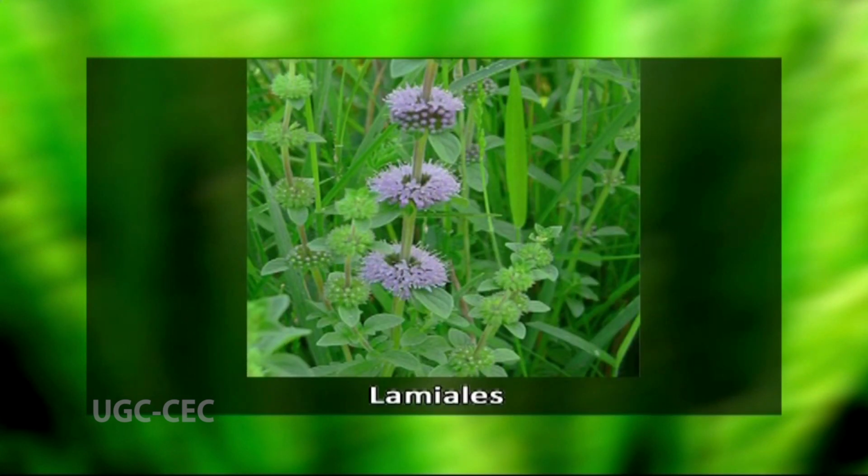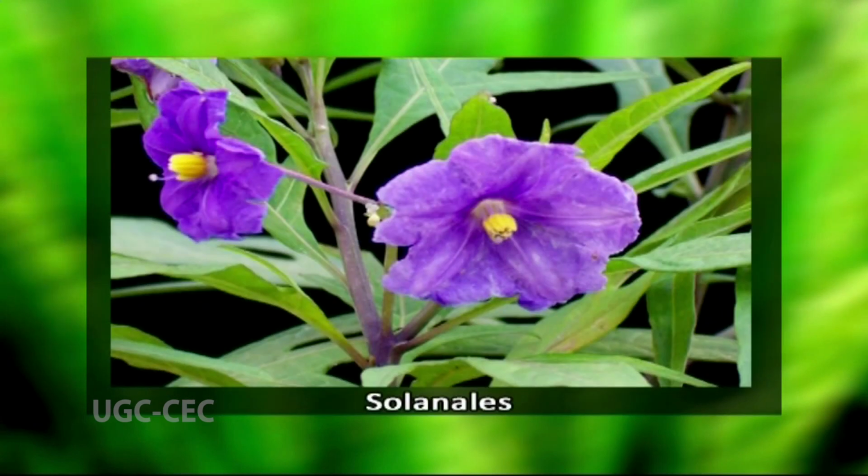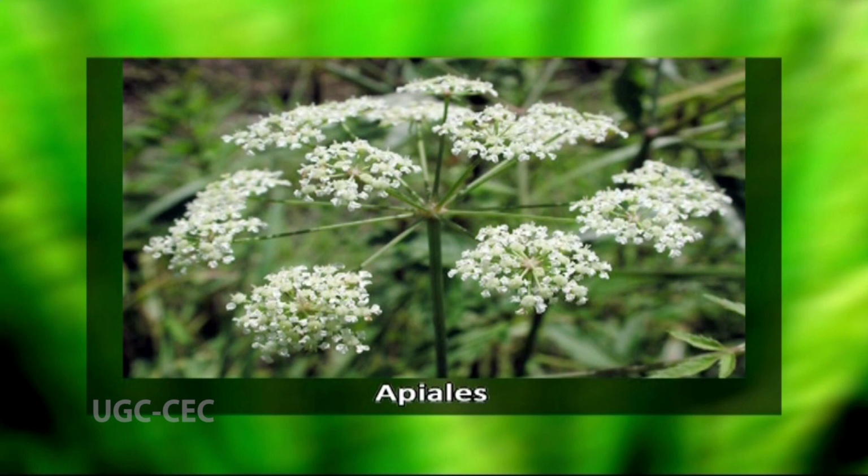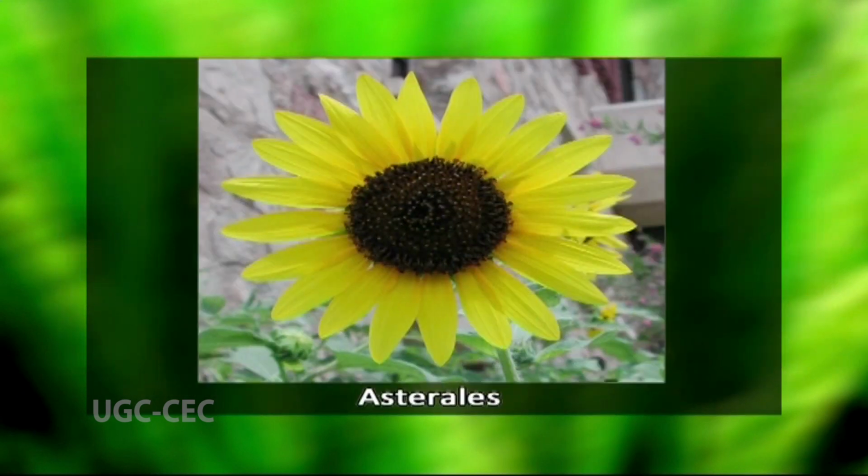Lamiales is the common order wherein we have the mint plant. The various aromatic plants belong to the lamiales. Then we have solanales, apiales, asterales. Asterales is a very large group of eudicots.